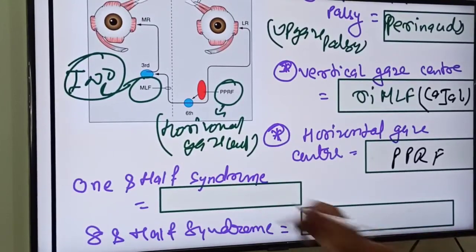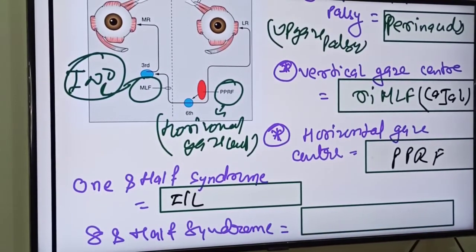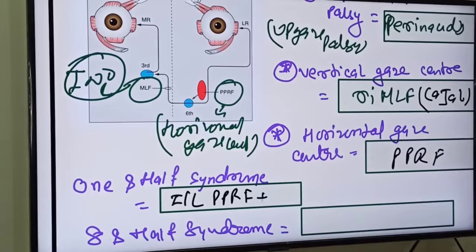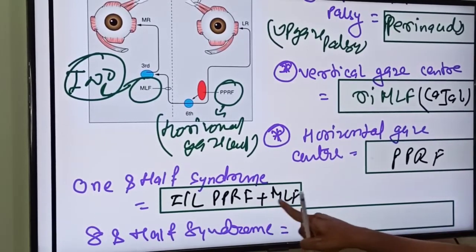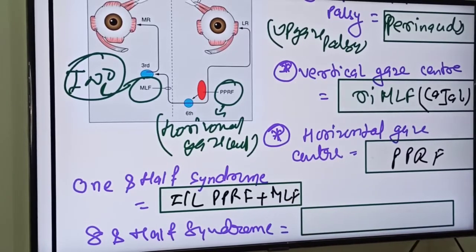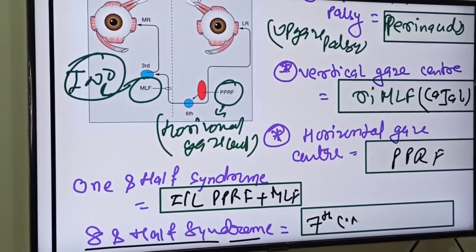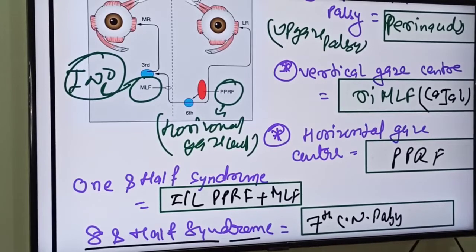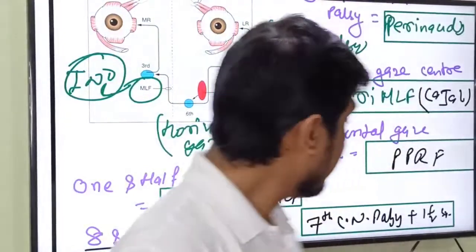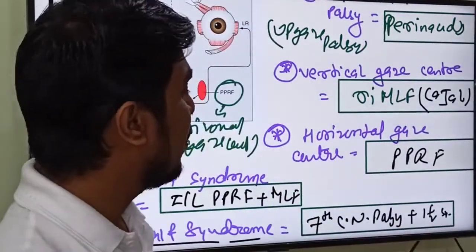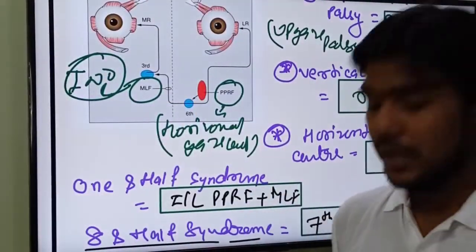When will 1.5 syndrome occur? When there is a lesion in the ipsilateral PPRF plus MLF. And when will 8.5 syndrome occur? When there is seventh cranial nerve palsy plus 1.5 syndrome, this is called 8.5 syndrome.